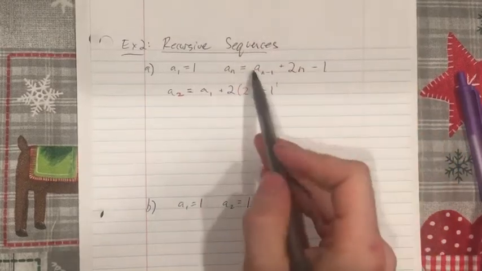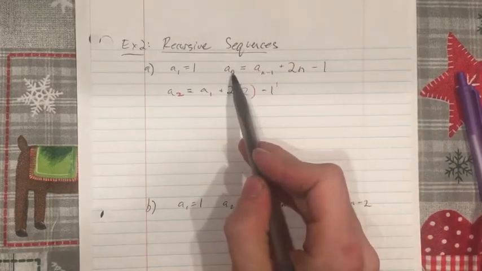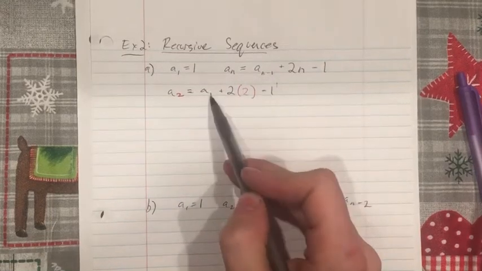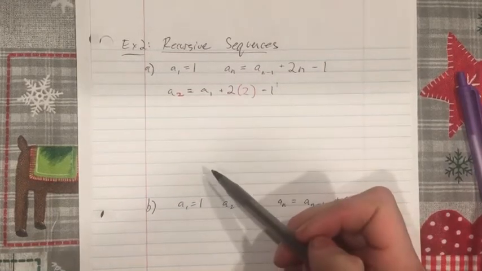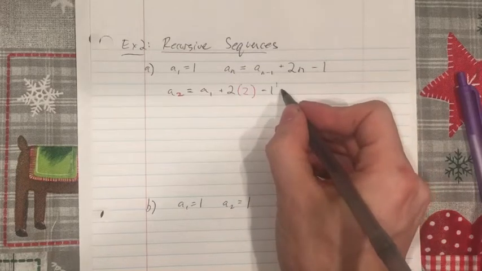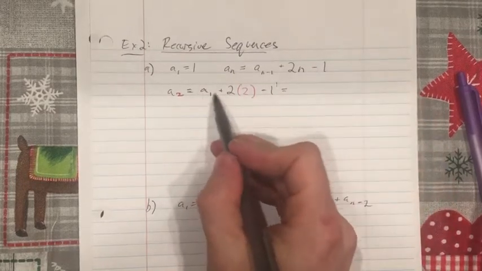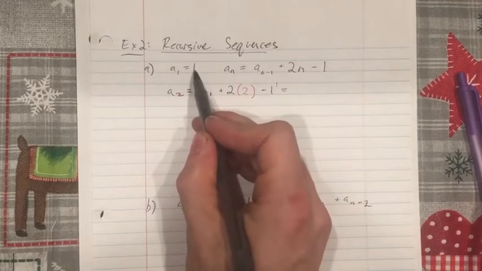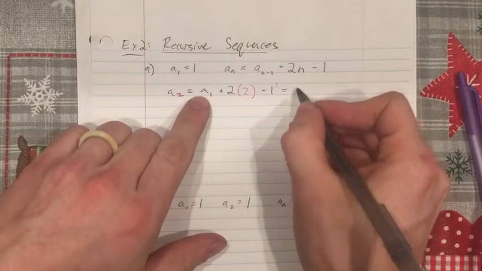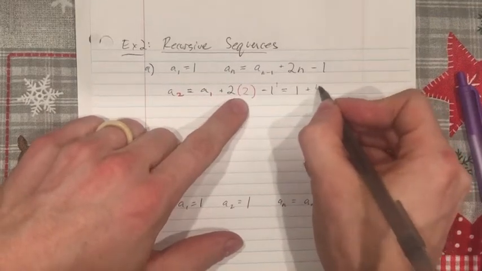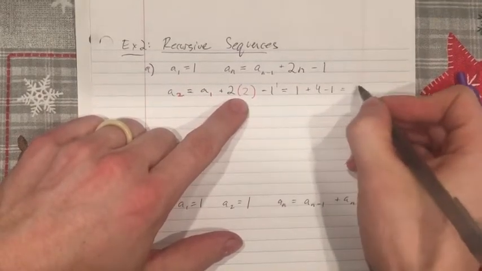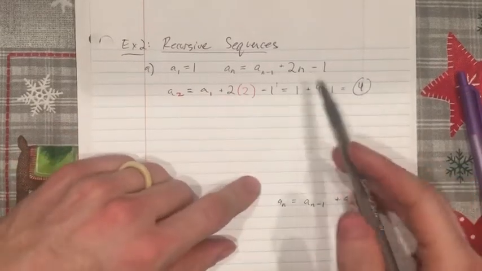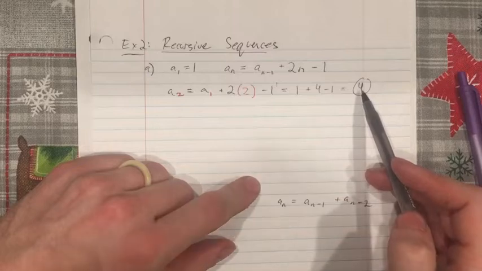All I've done is go into this formula and put a 2 everywhere I see an n. I did the 2 minus 1 part in my head and turned it into a 1 already. Then we simplify. What can I put in for a1? That's the term I was already given, a sub 1 is 1. So this simplifies to 1 plus 4 minus 1, which gives us 4. There's our second term of the sequence. Started with 1, now we're at 4.